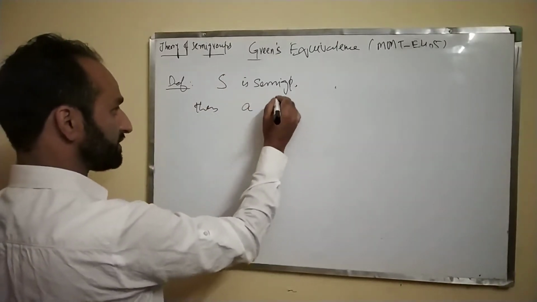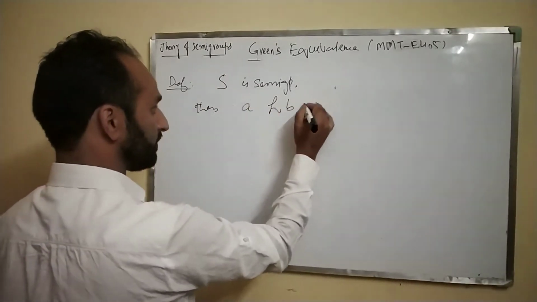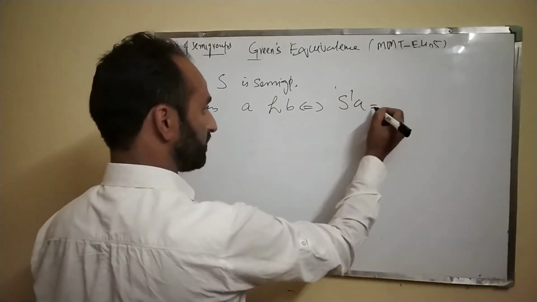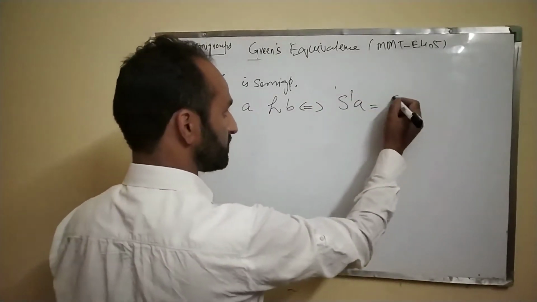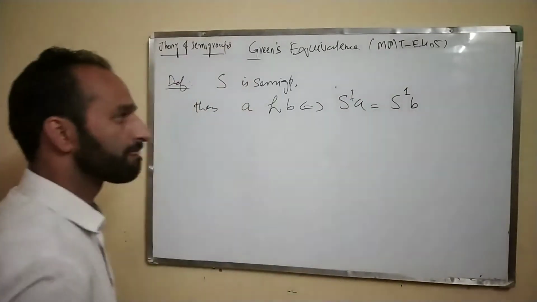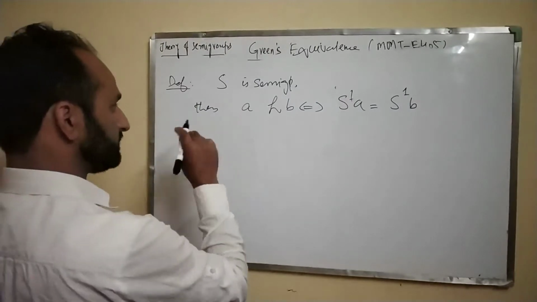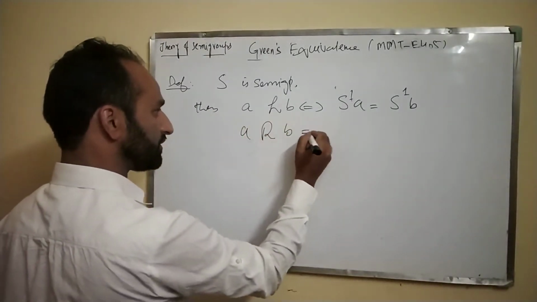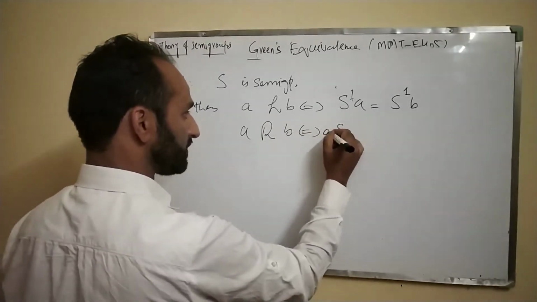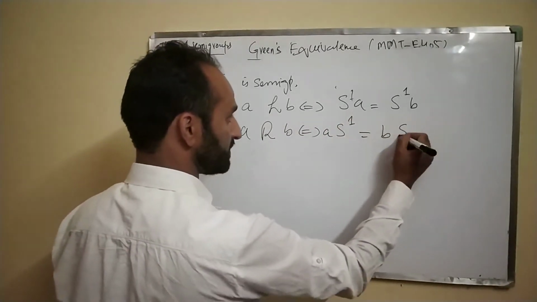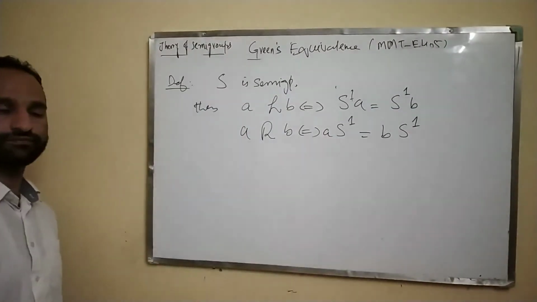A is L related to B if and only if the principal left ideal generated by A is the same as the principal left ideal generated by B. And then we have defined R relation: A is R related to B if and only if the principal right ideal generated by A is the same as the principal right ideal generated by B.